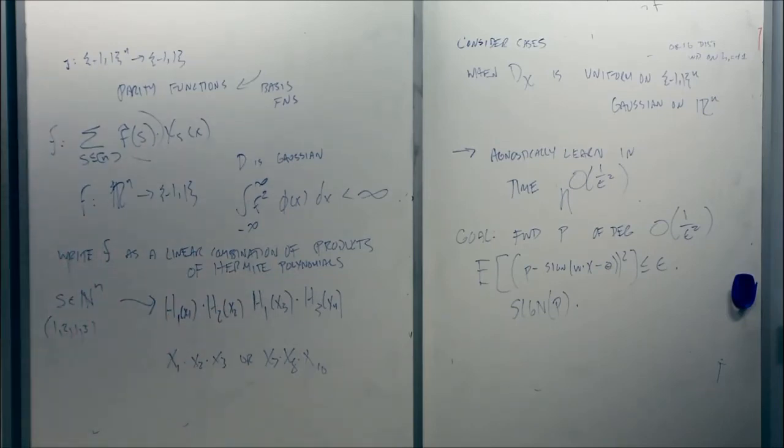In particular, anytime you have a family of orthogonal polynomials on the line with respect to some distribution, you can take products and you can work in a higher dimensional space. But let's finish this particular problem. So what are we trying to do? We're trying to approximate p and the sine of x1.